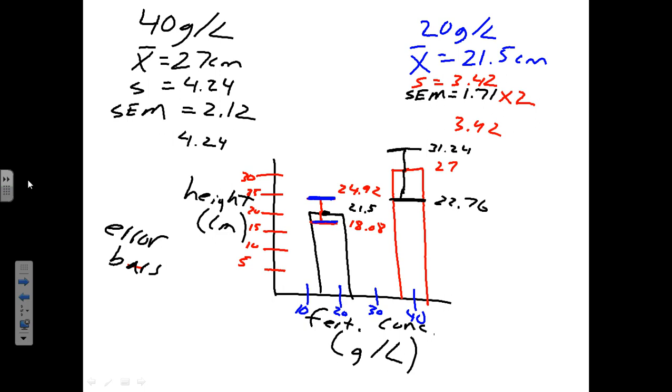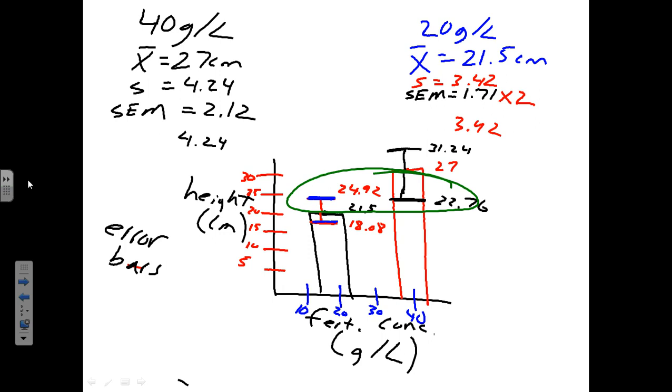So, the top error bar of the 20 group went up to 24. The bottom error bar of the 40 group went down to 22. That meant that in here we had a lot of what? We had a lot of overlap. Which means that the population means for these two groups might be the same thing, right?